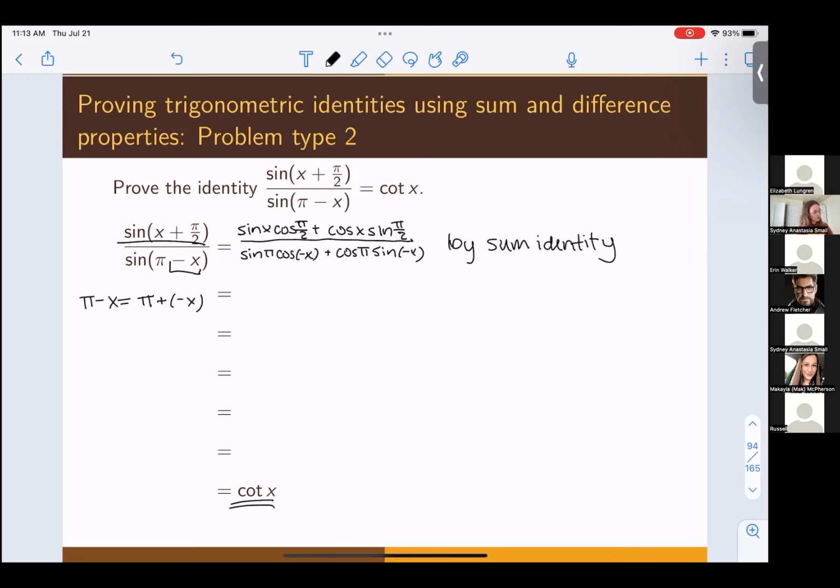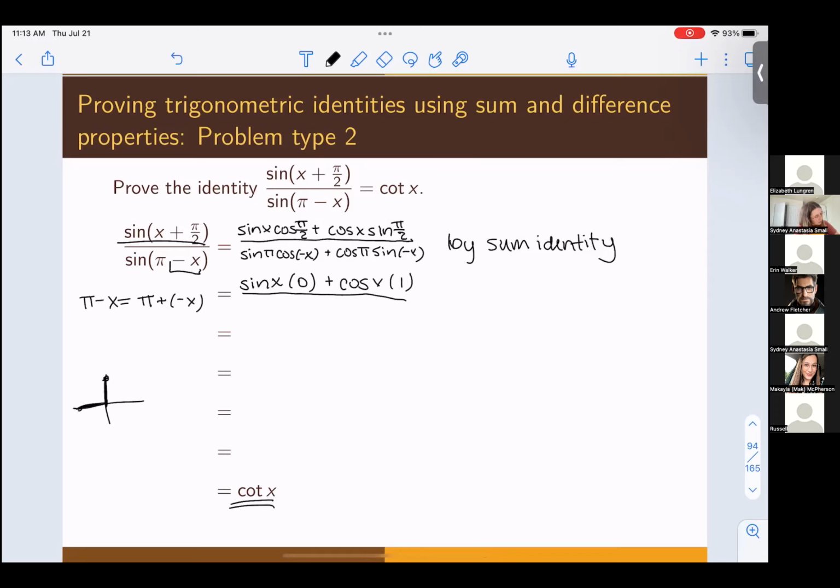Now I'm going to evaluate this to get sine of x times the cosine of pi over 2. The cosine of pi over 2 is the x coordinate of the angle pi over 2 in the unit circle. That's 0. So we have sine of x times 0 plus cosine of x times sine of pi over 2, which is 1, all over the sine of pi.